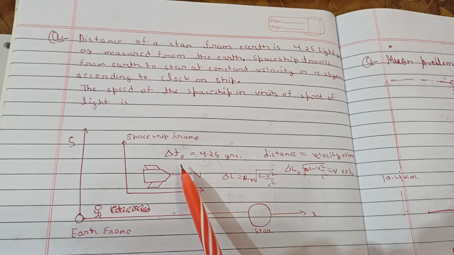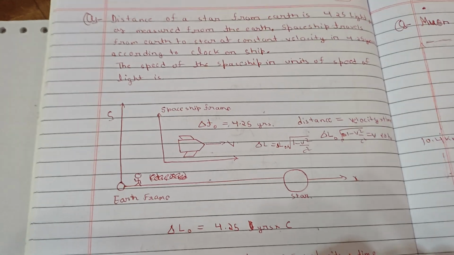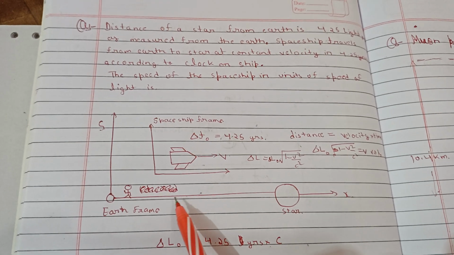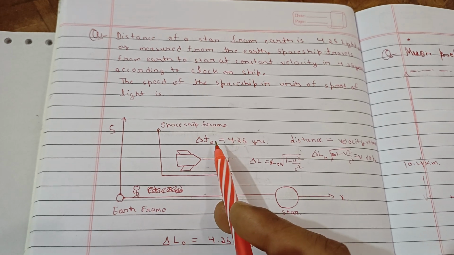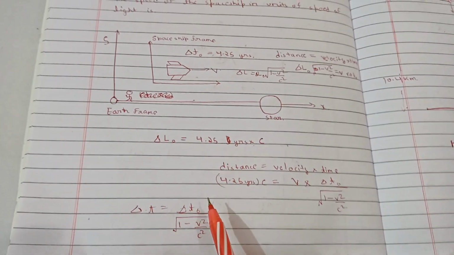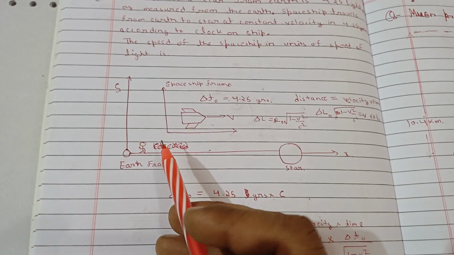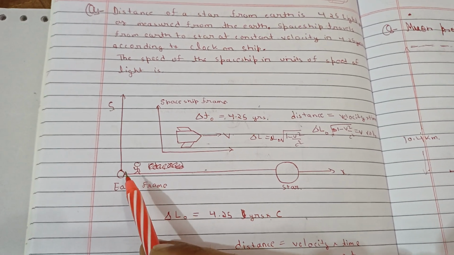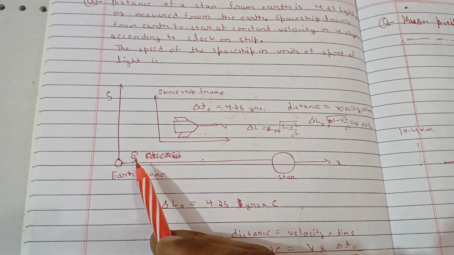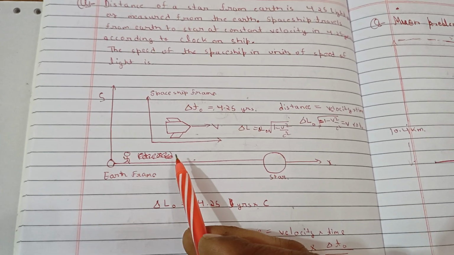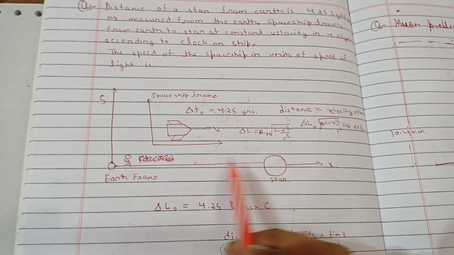Okay, so we have to find the time in this frame, for the observer here. What will the time be according to him? That will be delta T naught by root 1 minus v square by c square. Okay, and in that time according to him, if we multiply the speed into the time, that will give us this distance.